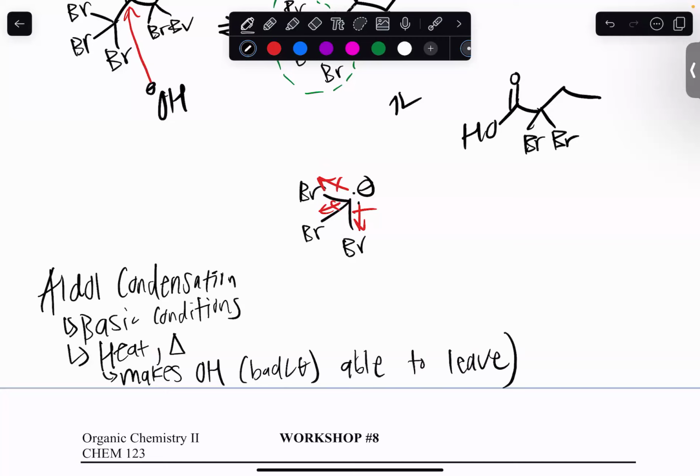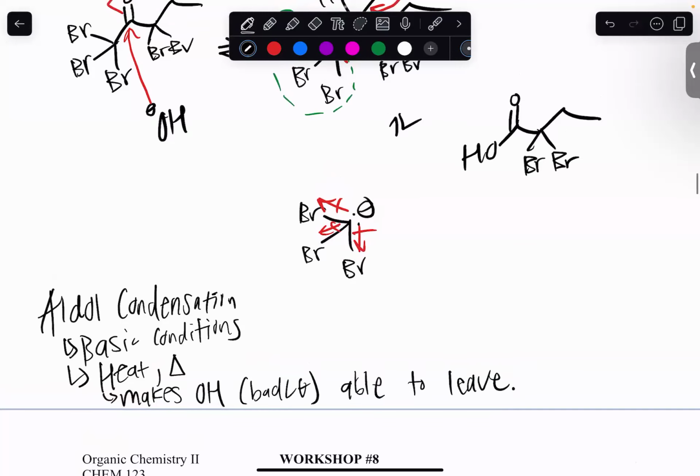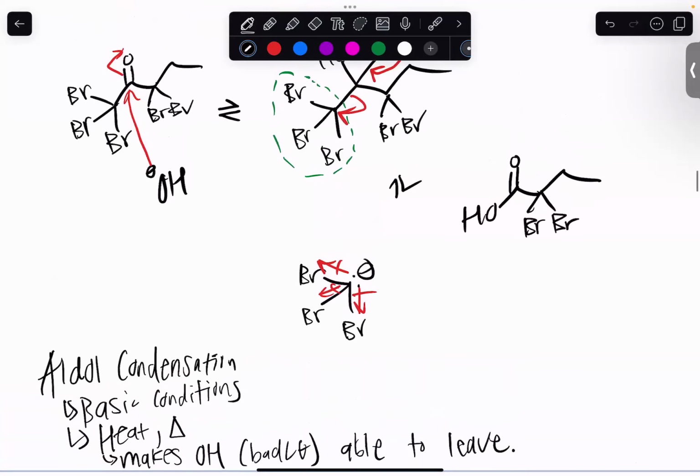Can you explain why the basic conditions are important for the leaving? Basic conditions are important for that bad leaving group to leave because when it leaves, it will leave as OH minus. Think of basic conditions as other negative charges floating around that support that negative charge in a way to make it able to exist.